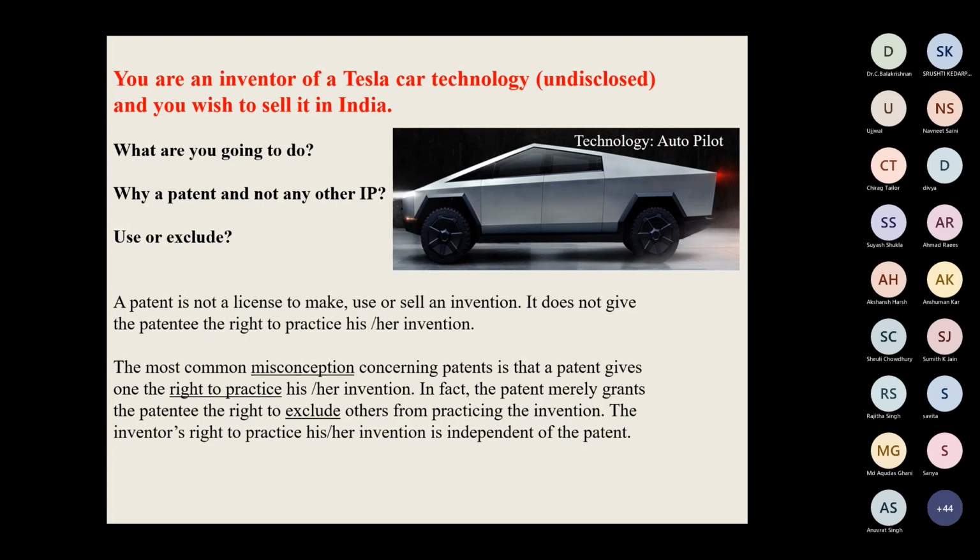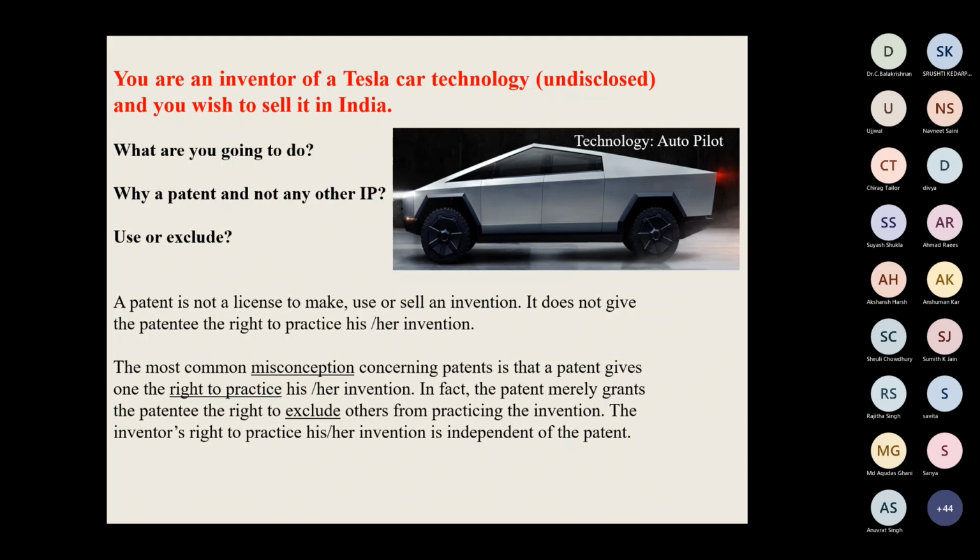And next is use or exclude. We just discussed that a patent is not a license to make, use, or sell an invention. It does not give the patentee the right to practice his or her invention. As I mentioned, if I have my invention, I can obviously practice it and use it. No one can stop me from that if it is mine.